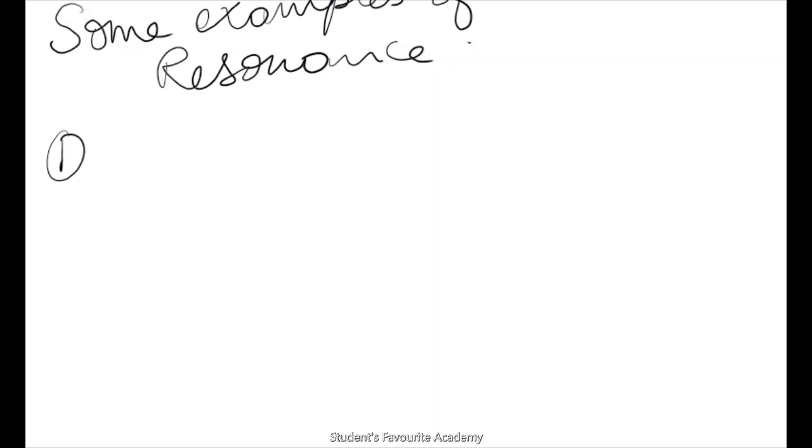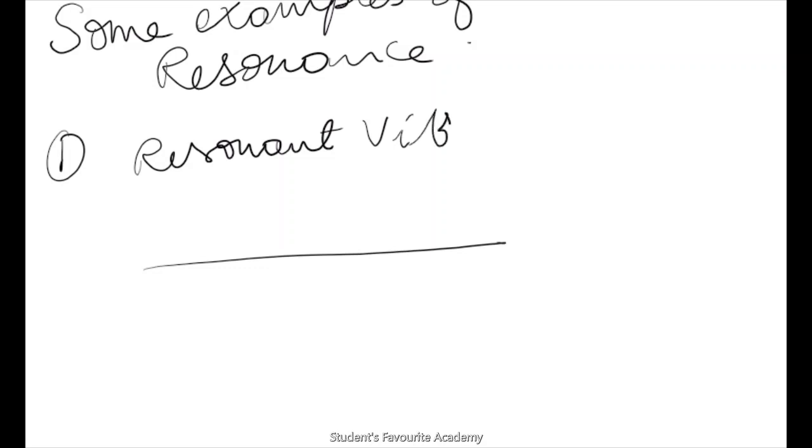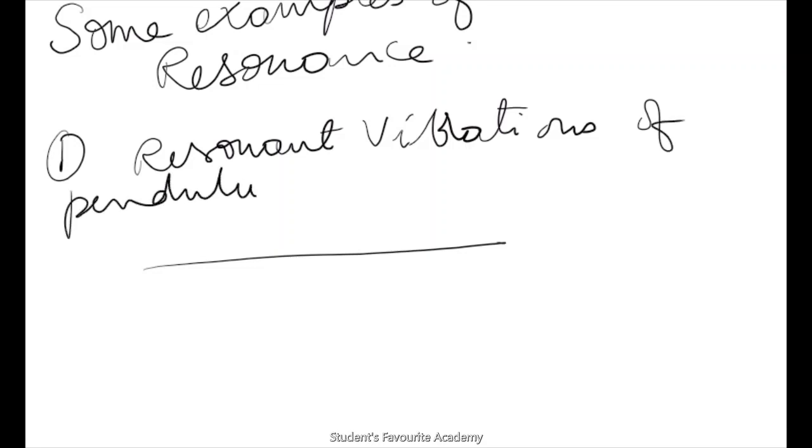So for example, suppose this is the rubber string, and two pendulums of the same length are attached to the rubber string.